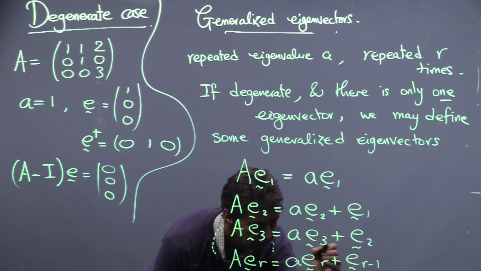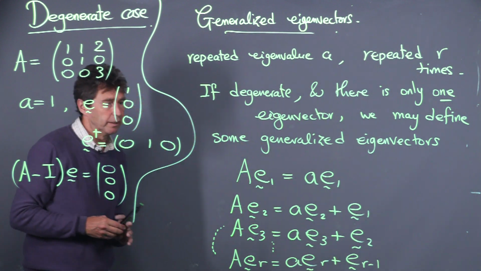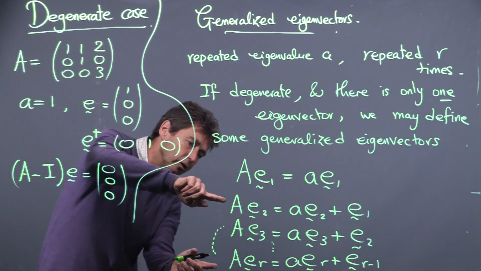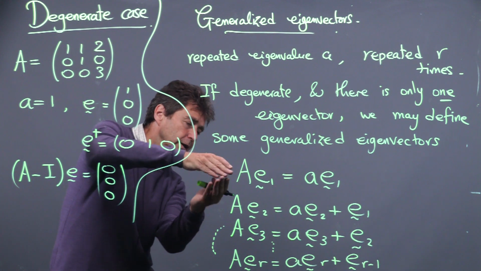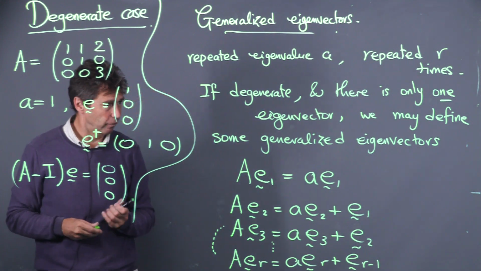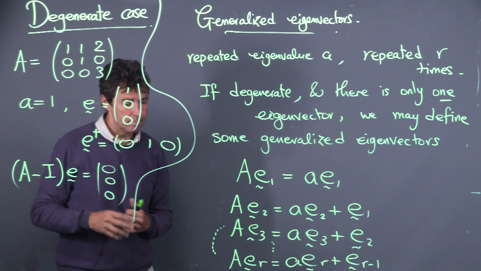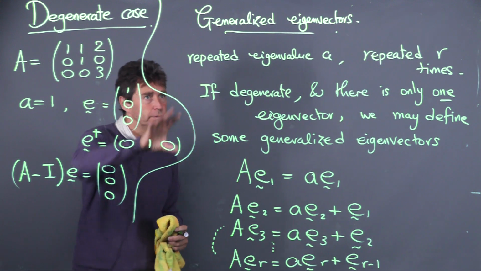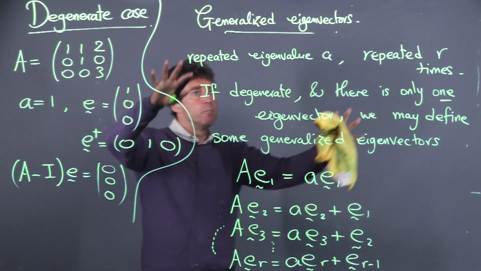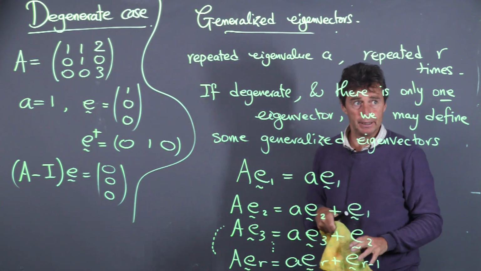Right? So there's a whole bunch of eigenvectors. These are all of the generalized ones that I'm adding in so that I get R vectors. Okay? So I can define these things. That's a bit of additional technology that we're going to need.